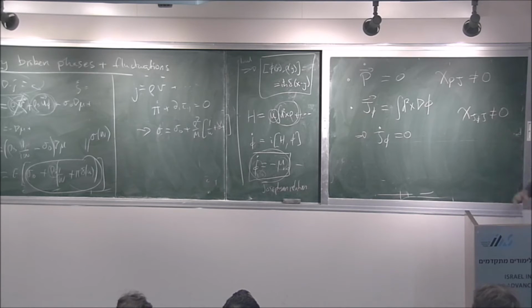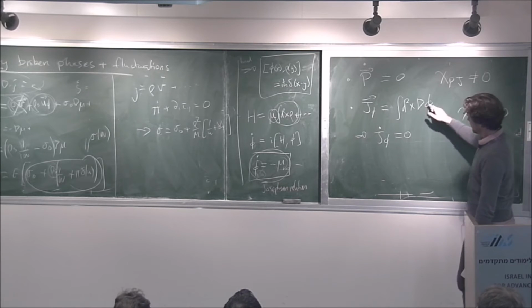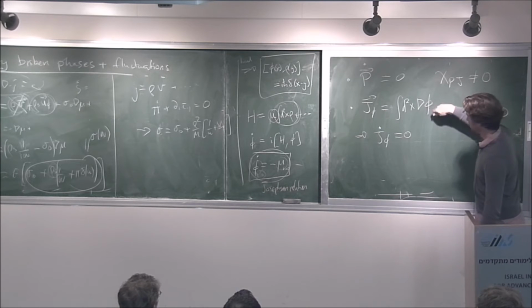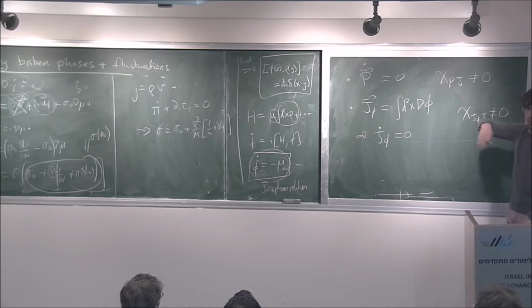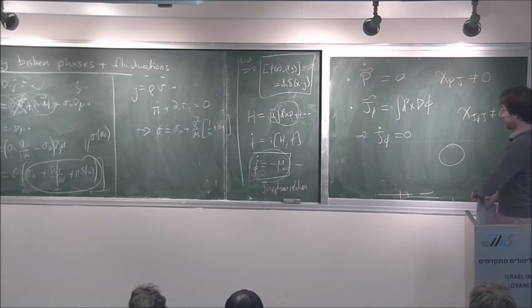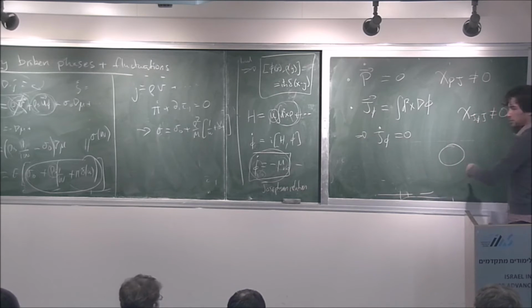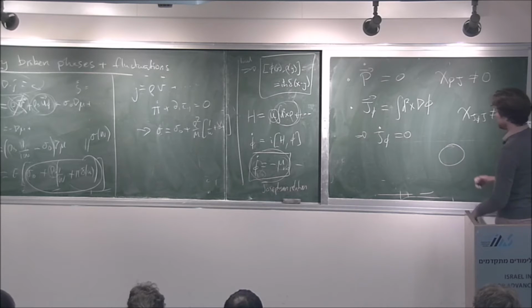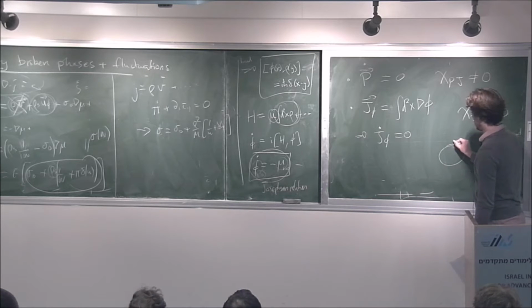And so this is sort of a topological effect. The best way to see this is to put the system on a circle. Phi is a phase, so it only goes from 0 to 2 pi.